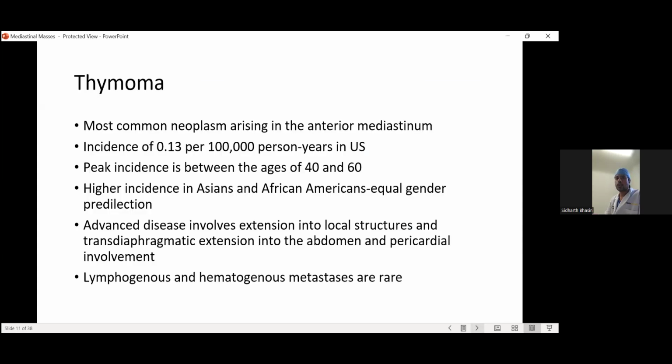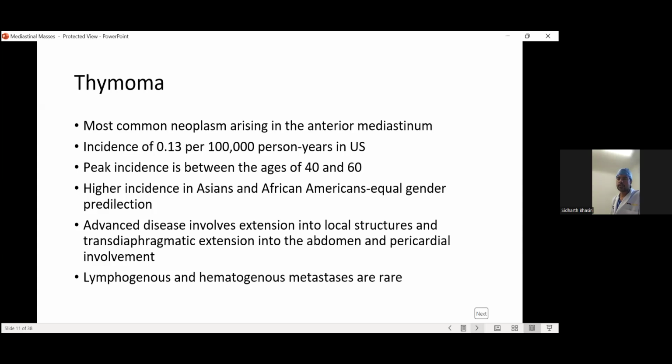Moving to the other one, talking briefly about some of the things that we come across more, which are more common, and how we can deal with them, how to diagnose, and what the treatment is. So talking about thymoma, it's the most common neoplasm arising in the anterior mediastinum in adults. Incidence is about 0.13.